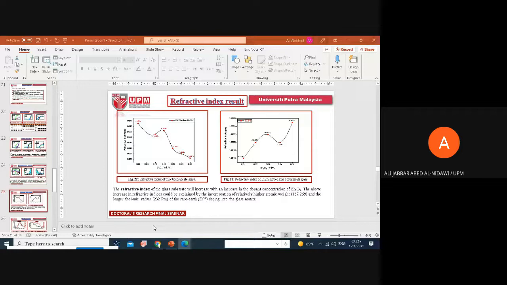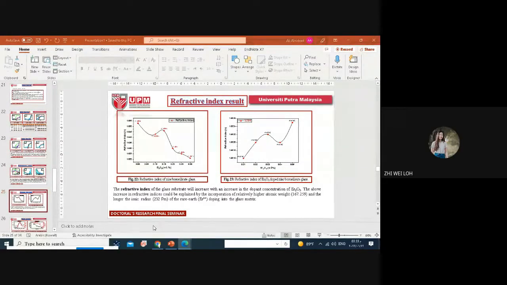This decrease could be explained by the incorporation of the relatively low atomic weight of boron, about 10.8, and the smaller ionic radius of boron compared with other elements in the glass matrix such as zinc and silicon. Do you get my answer?